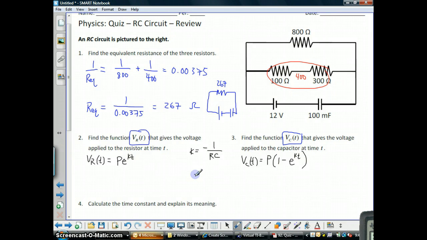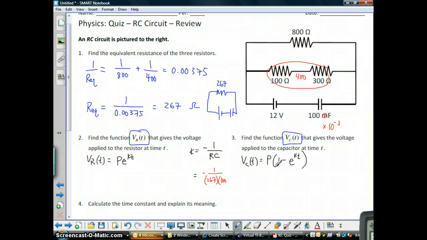So let's go ahead and find out what this number is, because I need it for both. -1 over R, which is 267. Capacitance is 100 millifarads, so it's 100 times 10 to the -3. It's like millimeters. Move it over 3.